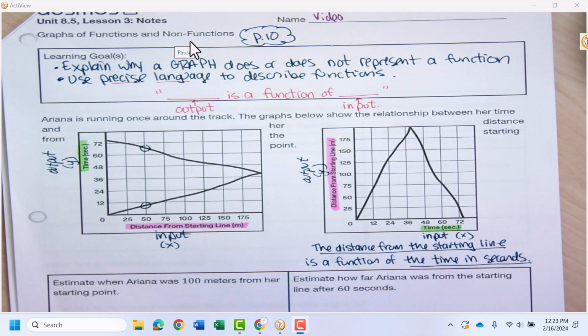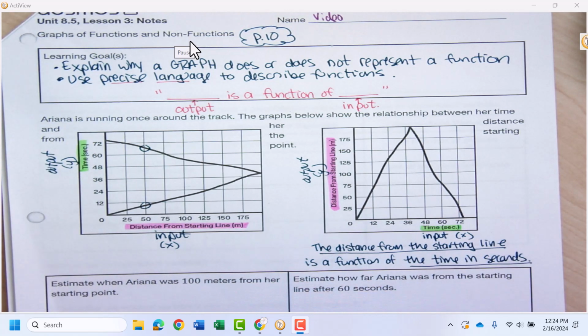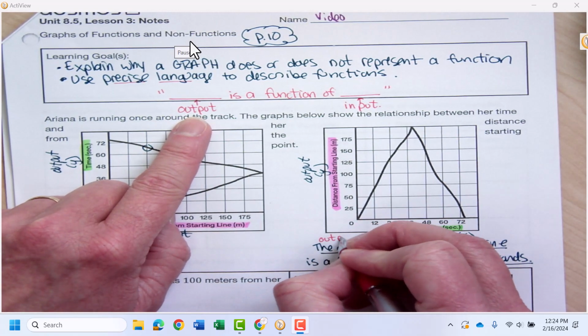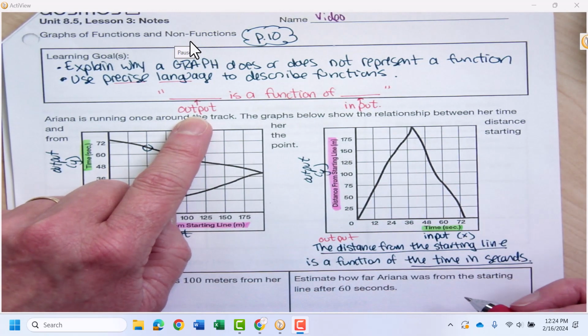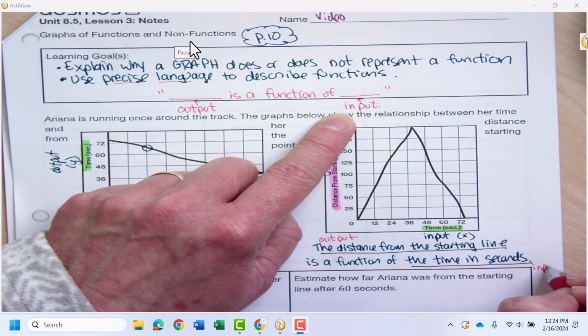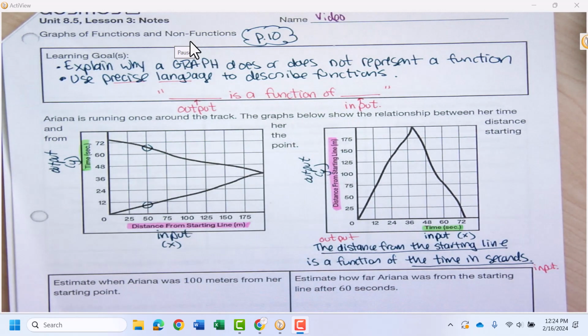This is the input. That's how it's done. Output first is a function of the input. So that's the language we use to describe functions.